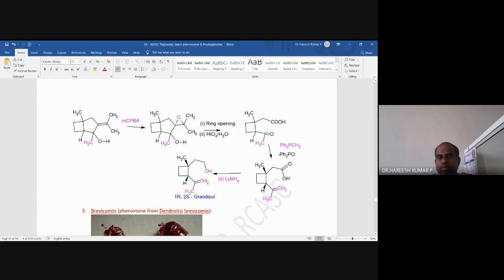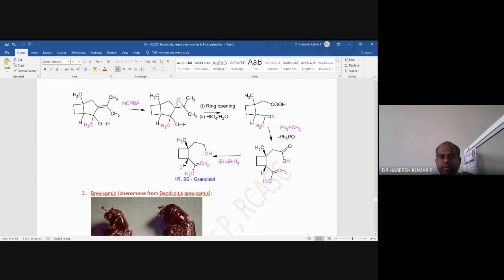This compound on reduction, more particularly lithium aluminum hydride reduction, converts the carboxylic acid into alcohol. So what is the name of this compound? The name of this compound is Grandisol.